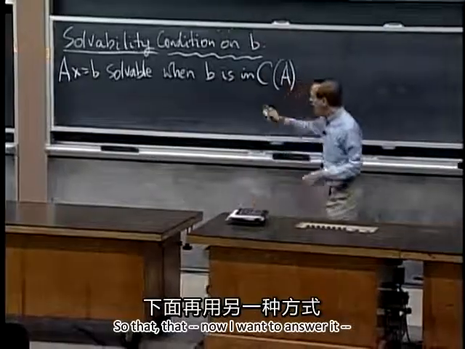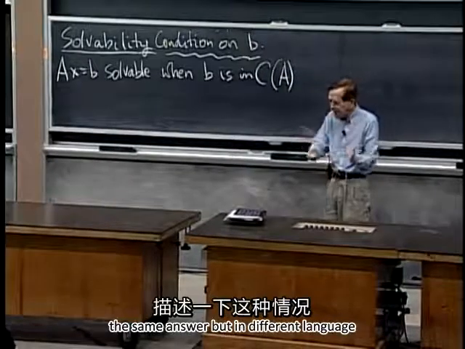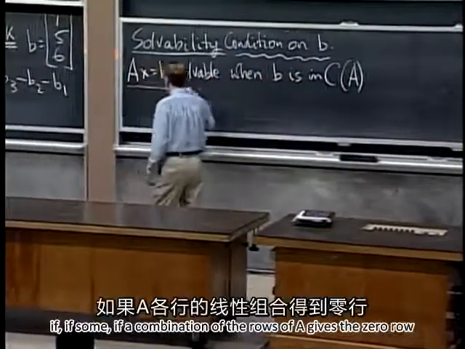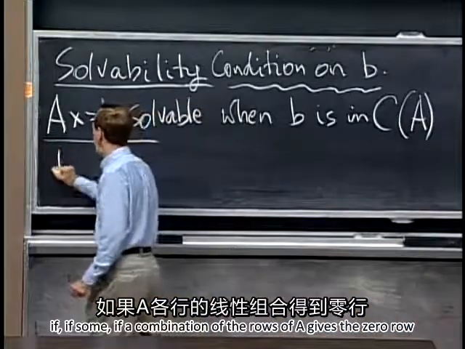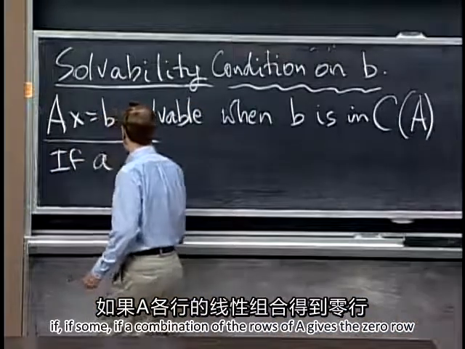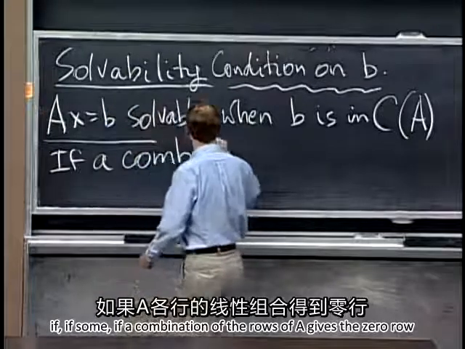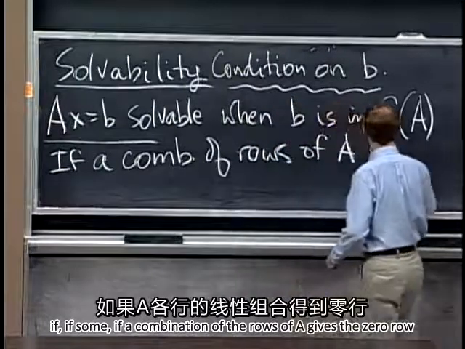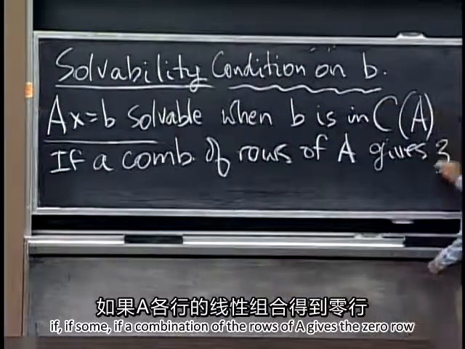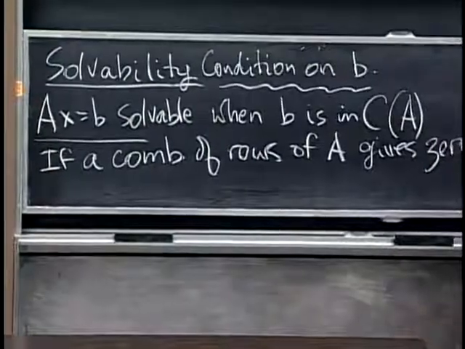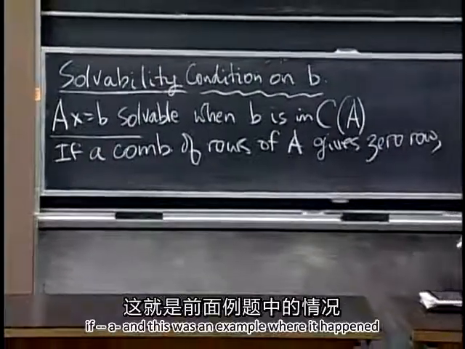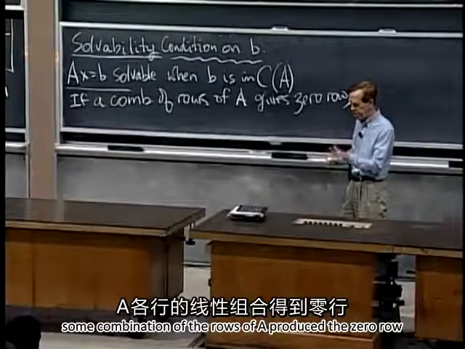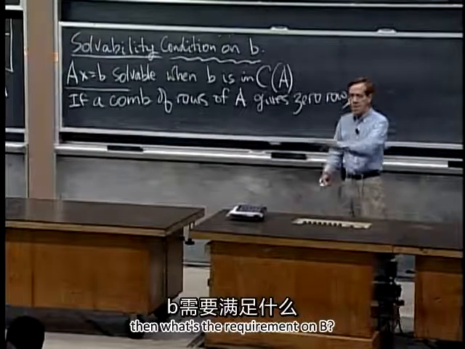So now I want to give the same answer, but in different language. Another way to answer this: if a combination of the rows of A gives the 0 row, and this was an example where it happened, then what's the requirement on b?